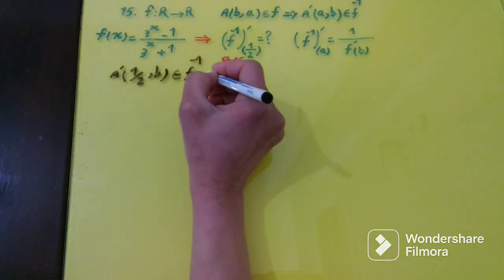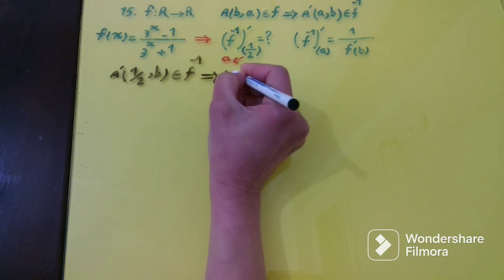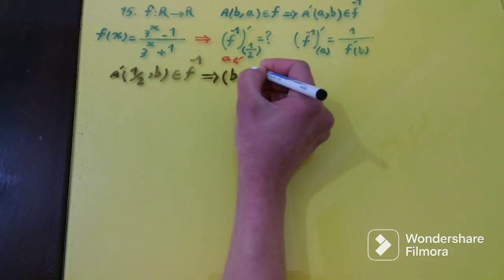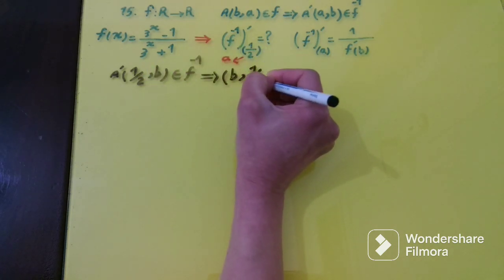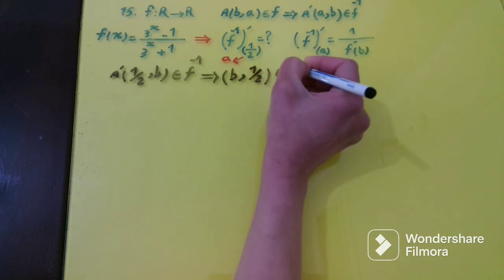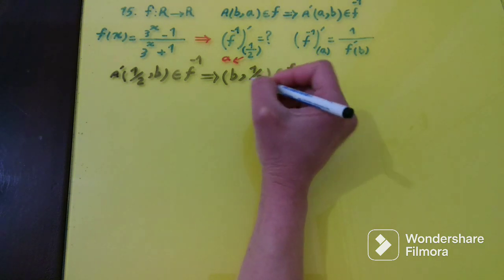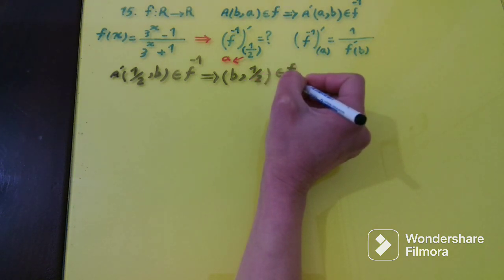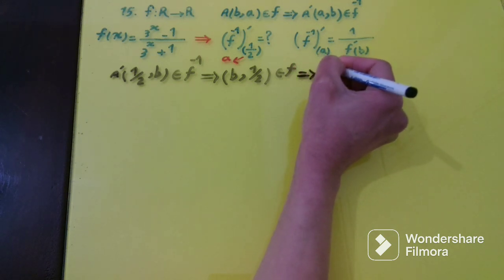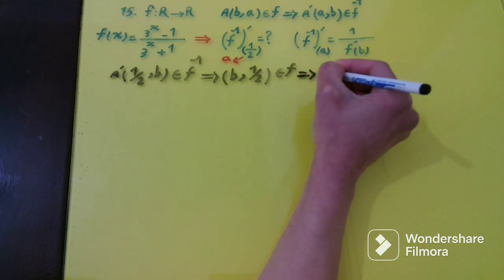Go back. b and 1/2 belong to f. As b and 1/2 belong to f, we can say f of b is equal to 1/2.